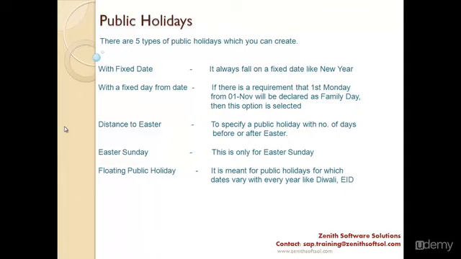Like that, we have other options to create public holidays, like floating public holiday. What do you mean by floating public holiday? Floating means this holiday will always fall on different days and different months in the year. Like religious festivals, which are based on the moon sighting, it is not fixed. It always falls on a different day or different month every year.